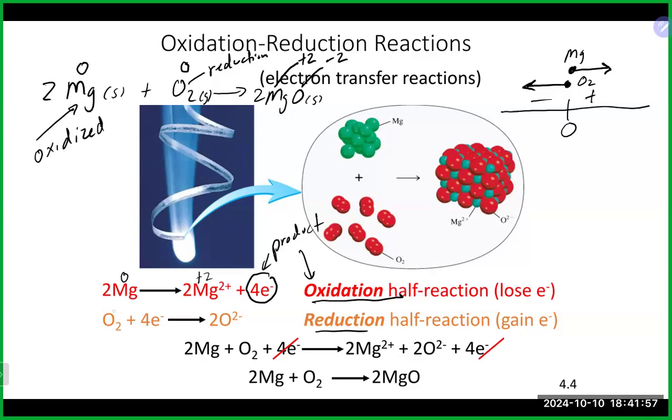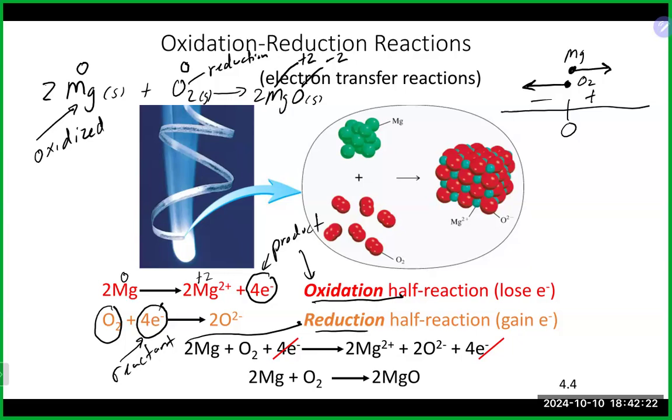Now, the oxygen here will then pick up those 4 electrons, and we see the electrons on the reactant side of the equation. And that indicates that it is a reduction half reaction, like it is gaining those electrons. So the oxygen is going to pick up those electrons. By the way, it picks up the same 4 electrons that were lost from the magnesium. It's like a balanced situation.